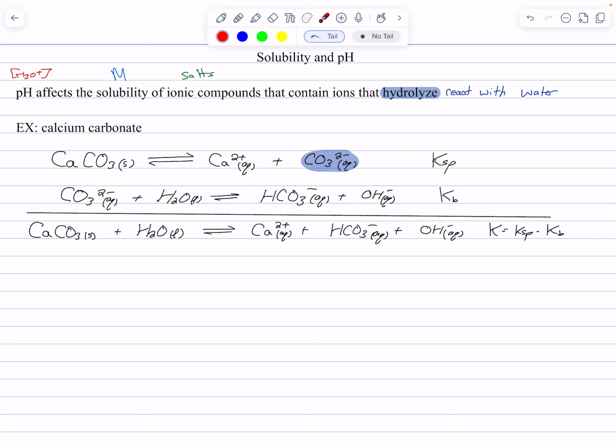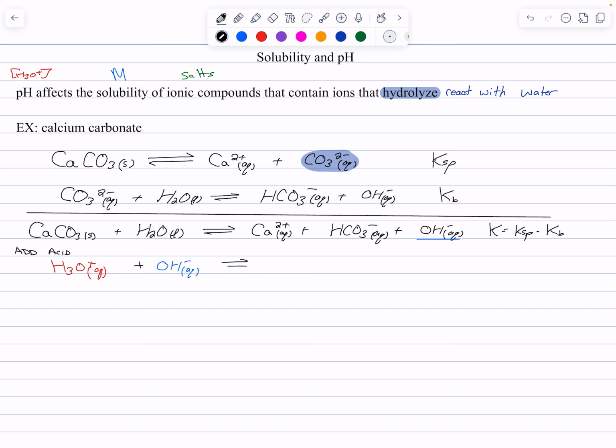However, if you add acid, so adding acid would be anything that's H3O plus, it's going to react with what species up here? Well, it's going to react with your base, which is OH minus.